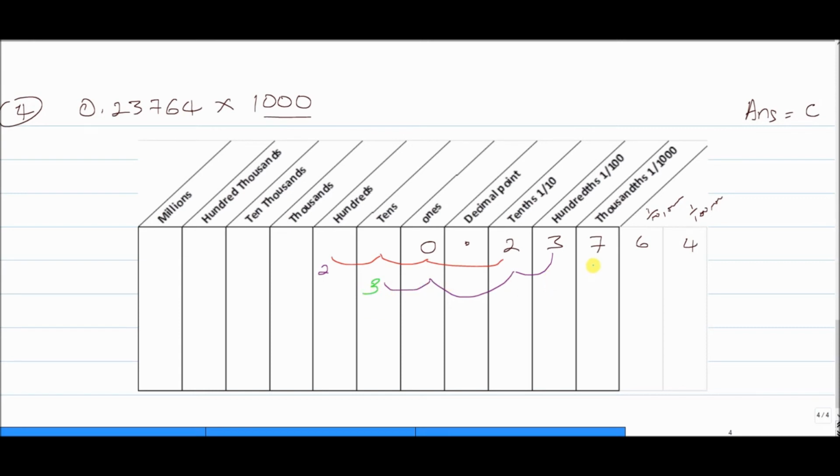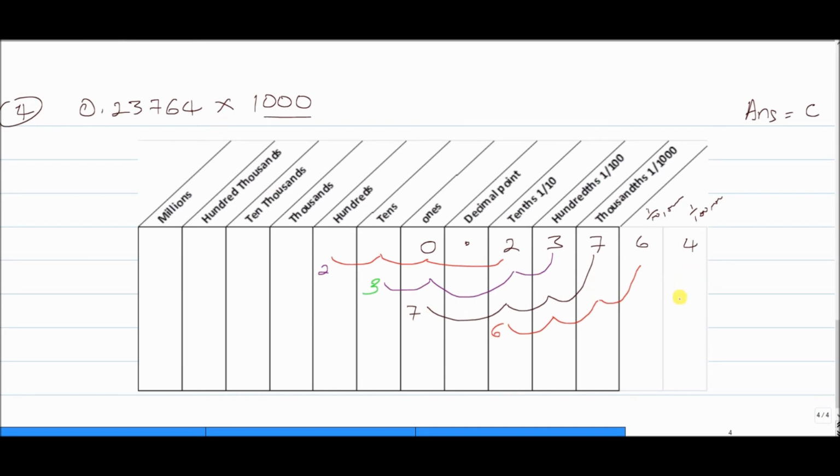Now our 7 will also move 3 places over. So 1 place, 2 places, and 3 places. So this is where our 7 will be now. Our 6 will move 3 places, 1 place, 2 places, 3 places. Our 6 is here. Let's change color.